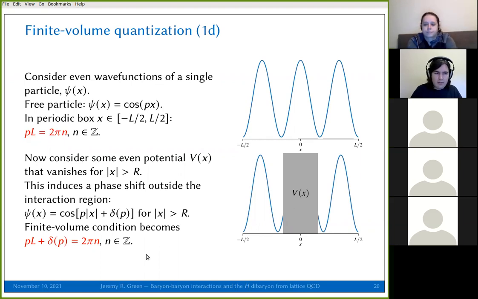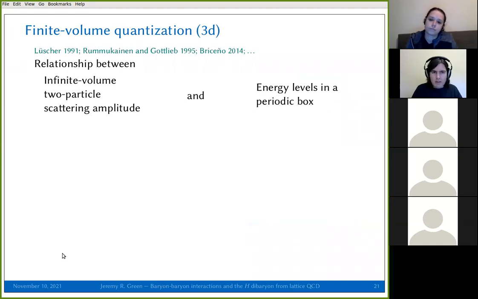And so this shifts the finite volume quantization condition to be p times L plus the phase shift at that momentum is equal to 2 pi times the integer. And so if you didn't know what the potential was, but you did your calculations and you got the energy or the momentum of the state, you could plug it into this formula, and this would tell you something about the phase shift.